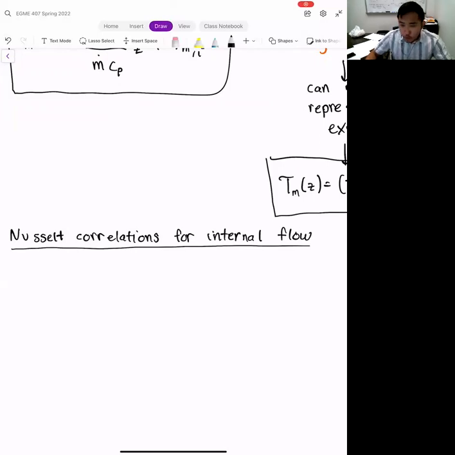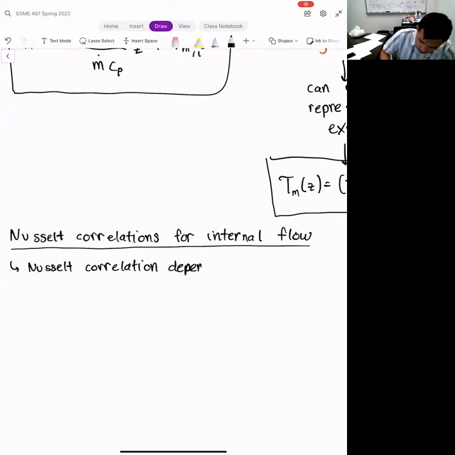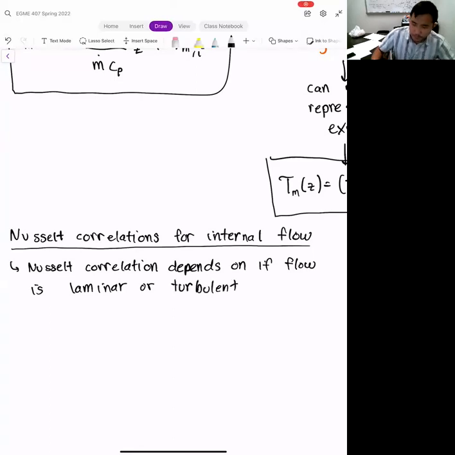We have two groups of Nusselt correlations here, and they depend on whether the flow is laminar or turbulent.